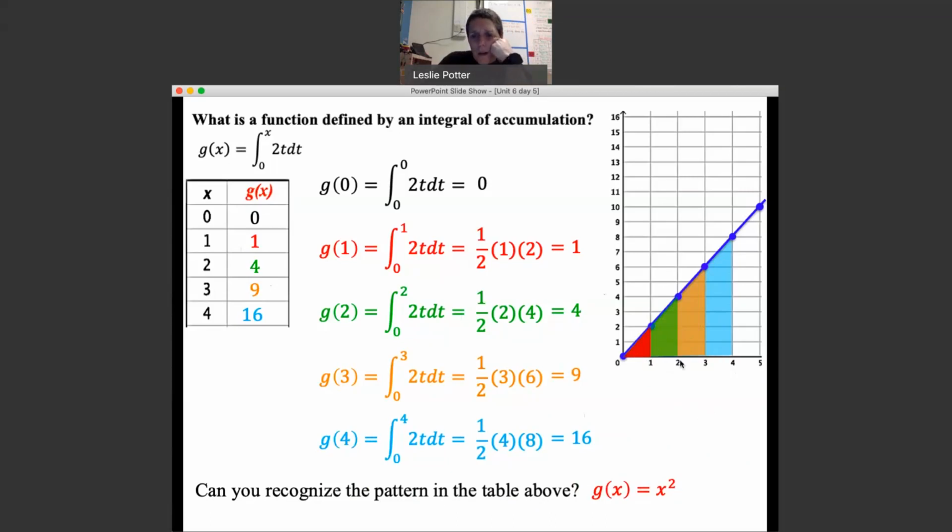So how could we find the area of this orange trapezoid region? Well, we could accumulate from 2 to 3 and use a trapezoid equation. Or we could look at these values here, because we know that the orange triangle is 9 and the green triangle is 4, and realize that what's peeking out here is just the stuff that's left over.